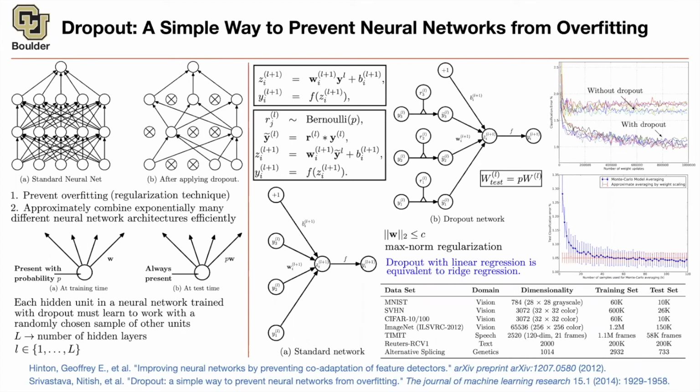The question is, how are you approximately combining many different models? One way of combining it was, during testing, for each data point, you look at a random model and take a look at the predictions.